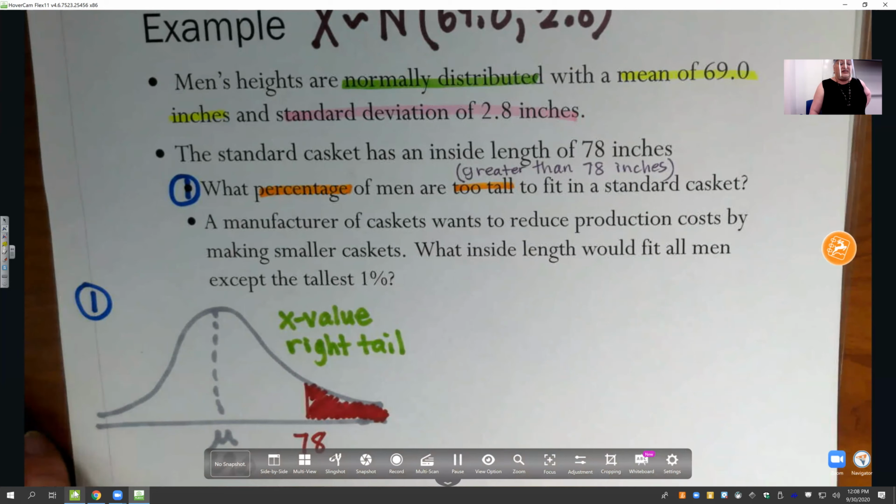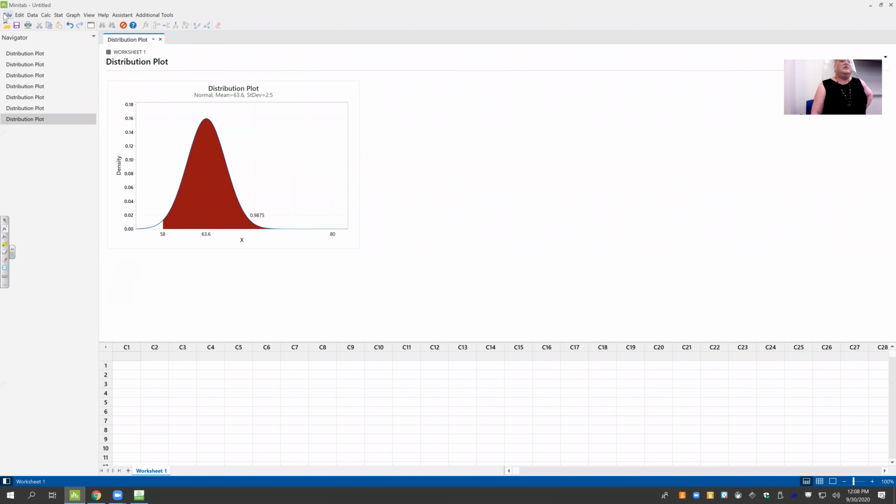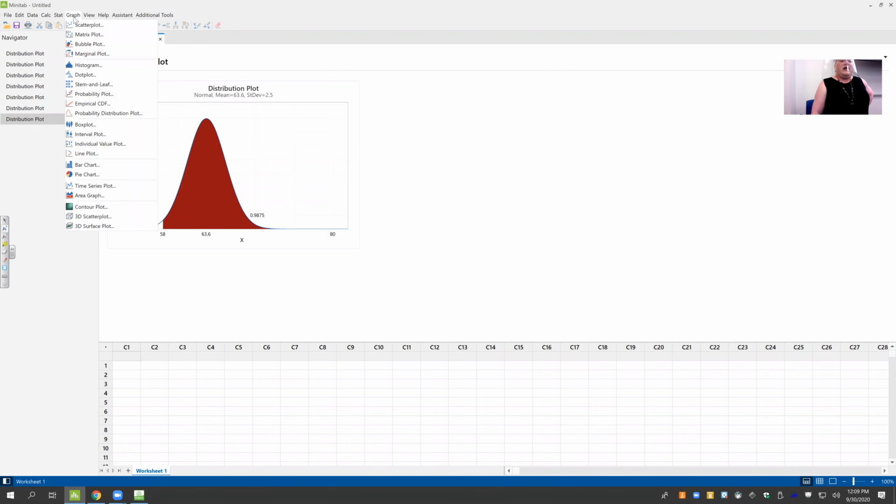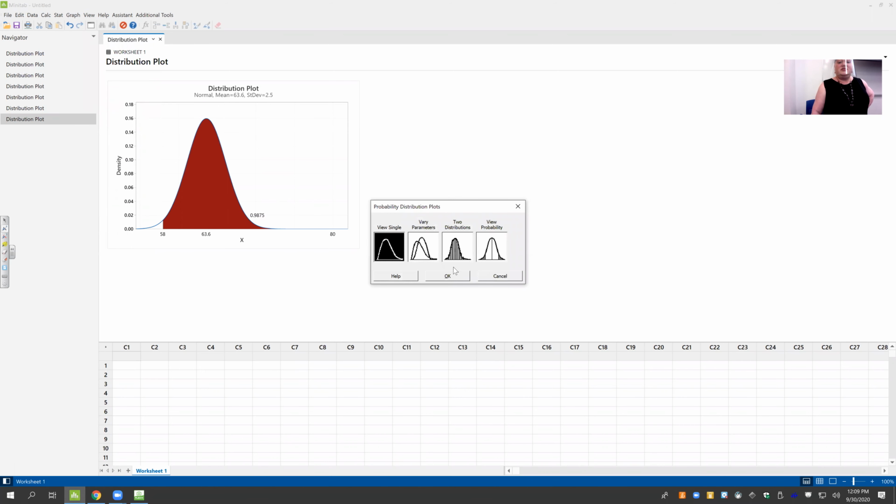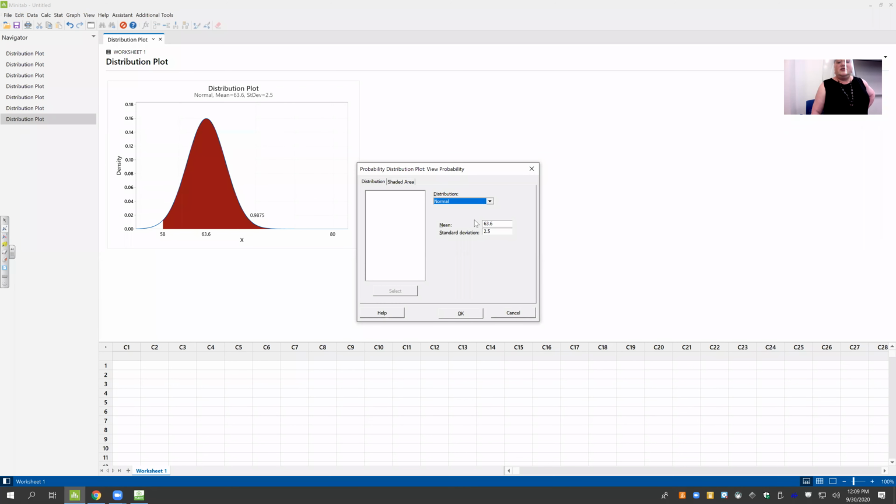So I'm going back to Minitab. Graph, probability distribution, view probability. It's normal, but my mean is 69 and my standard deviation is 2.8.